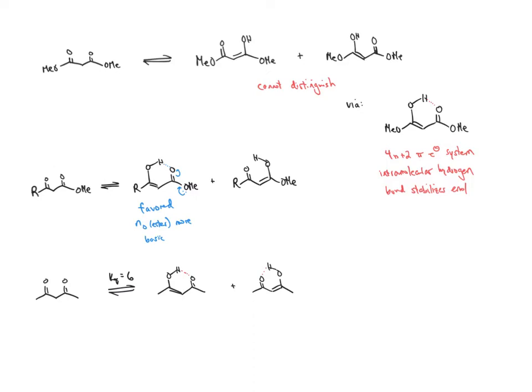It turns out that in this particular case, the NMR gives one peak for the methyl groups. Because this molecule is symmetrical and you have a 50-50 mixture of each of those enol forms, the methyl groups on this one are exactly the same as the methyl groups on this one. And so they'll show up as a 6-hydrogen singlet instead of individual 3-hydrogen singlets.